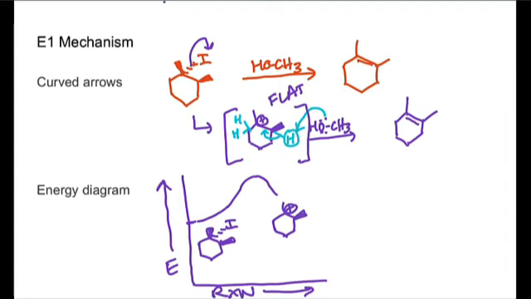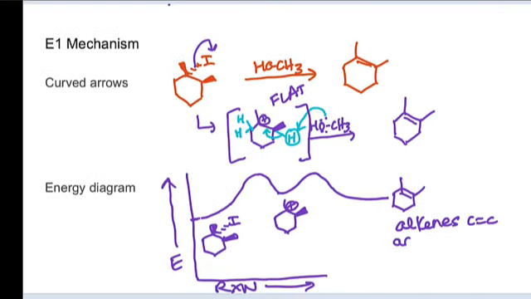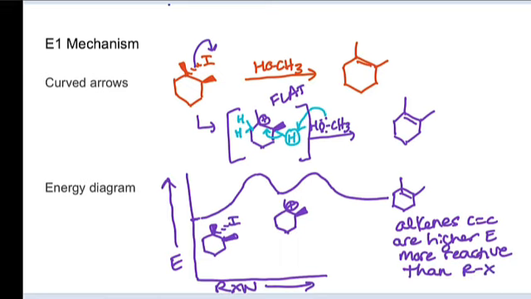And so we have the carbocation intermediate right there, and then energy is going to increase and come back down again. The actual ending energy is a bit higher because alkenes are less stable than alkyl halides. Alkenes, or carbon-carbon double bonds, are higher in energy and more reactive than alkyl halides. So it's for that reason that I end up with a higher energy. But what's key here is that you have one intermediate.